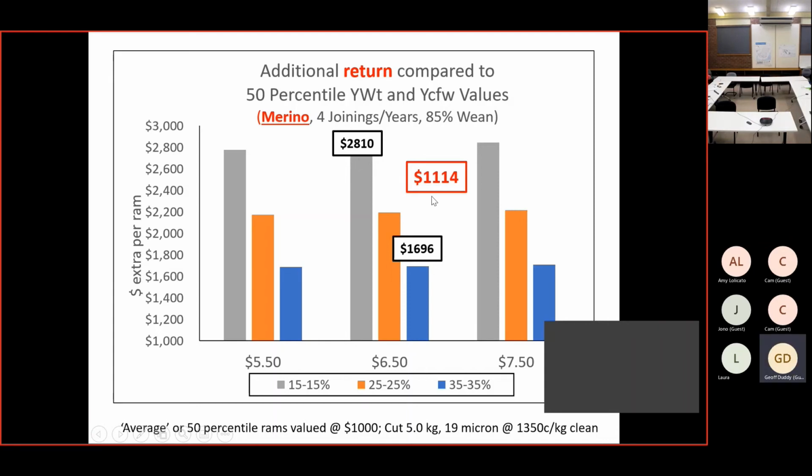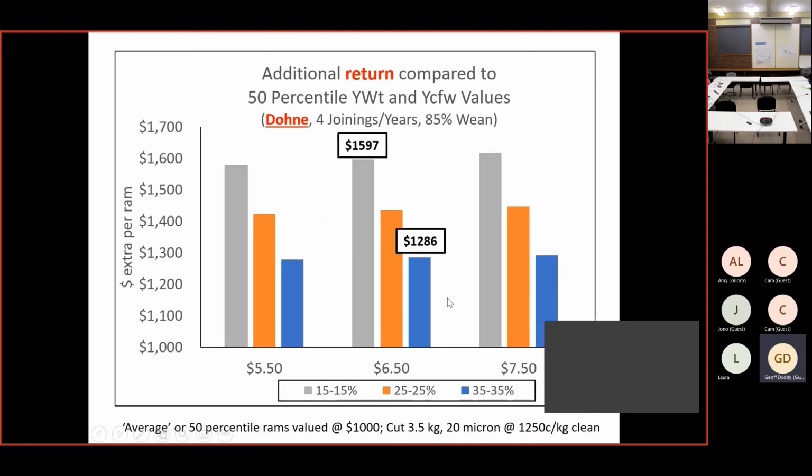Right, that's how much more they're going to actually return you. That value, $2,810, is on top of, again, in this example, I've said the average ram is $1,000. So you could spend $3,800 if you think you're going to get $6.50 for those lambs. More than likely, you're going to be getting around $7.50 on the merino side in the long term. Dorpers, similar sort of process, exactly the same thing.